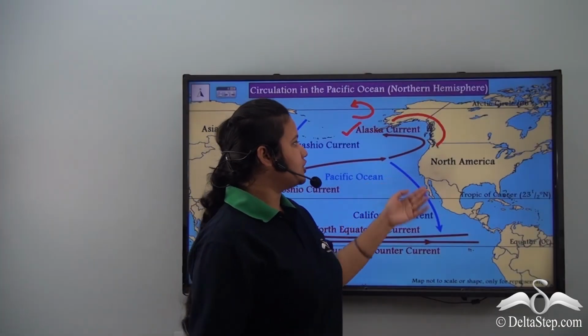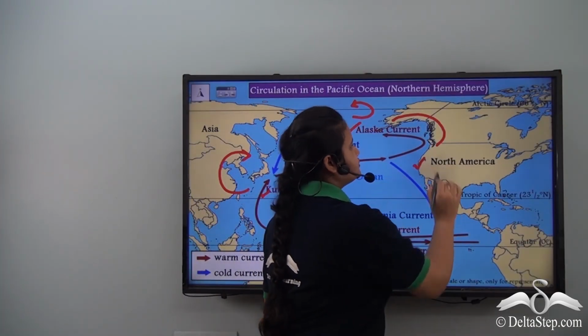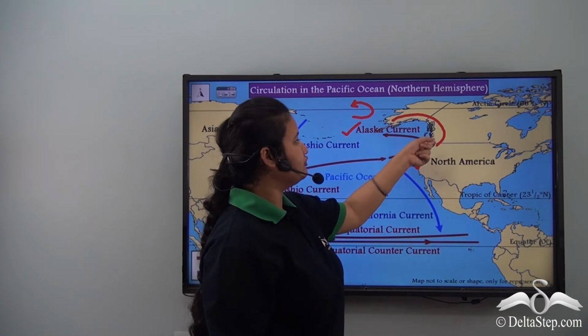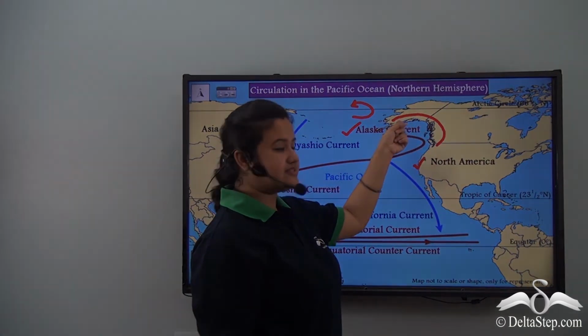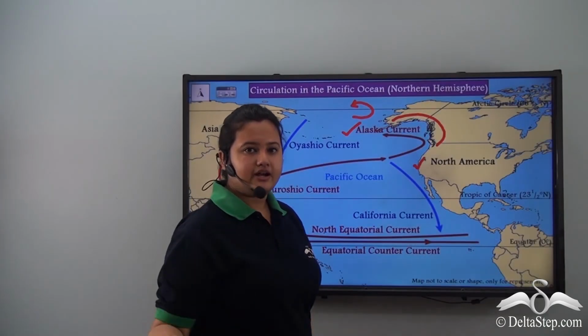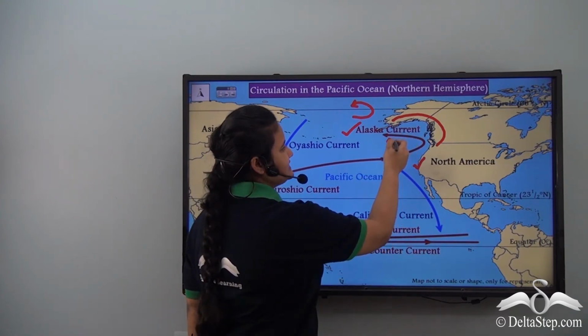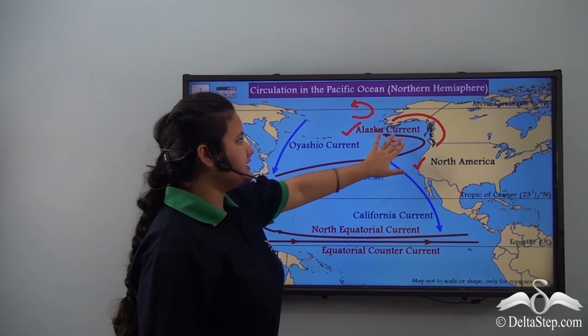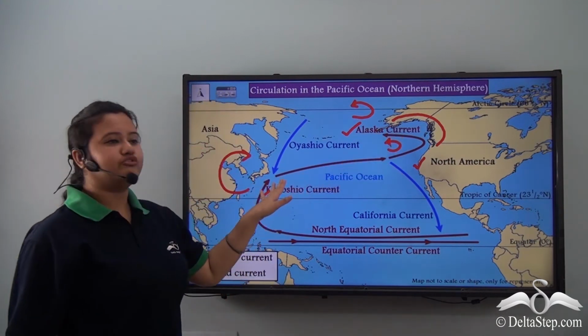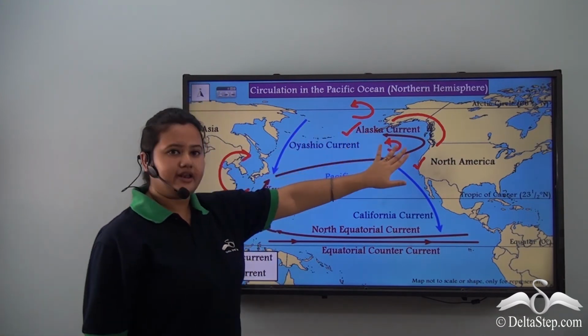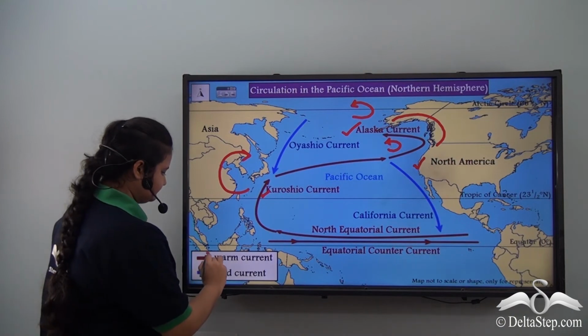And the name of this continent is North America. So because of the shape of North America like this, the flow of Alaska current gets obstructed and it turns anti-clockwise like this. So Alaska current is an offshoot of Kuroshio current, which is again a warm current.